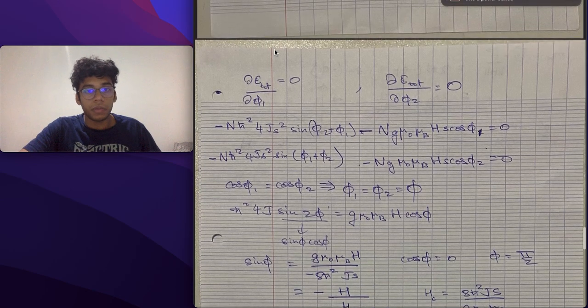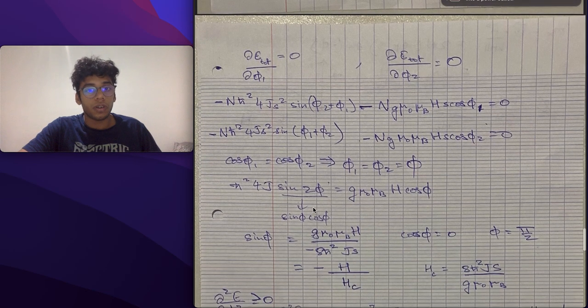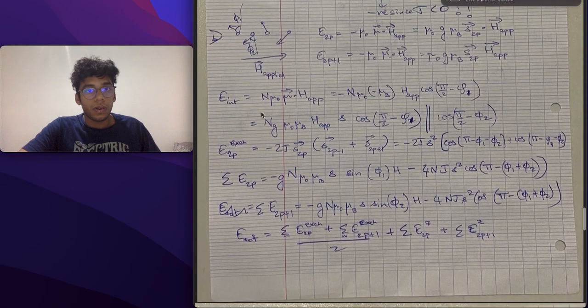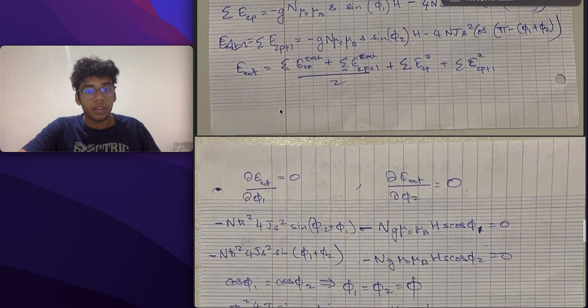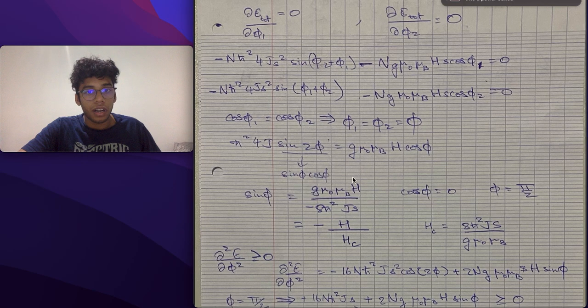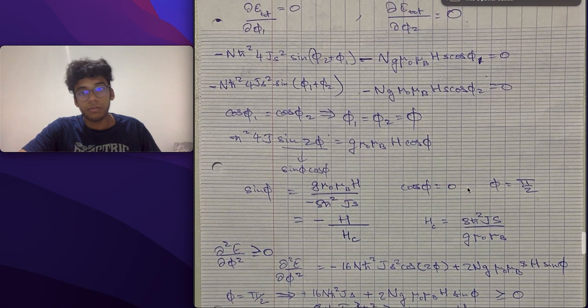This is basically the minimization of energy that we're doing with respect to the angle, and we want to find out the optimal angle. So theoretically the optimal angle is supposed to be parallel and anti-parallel. So we find out that it is phi equal to pi by 2.